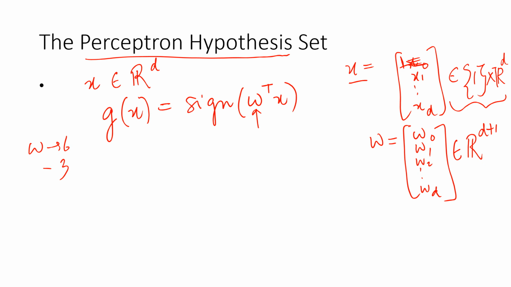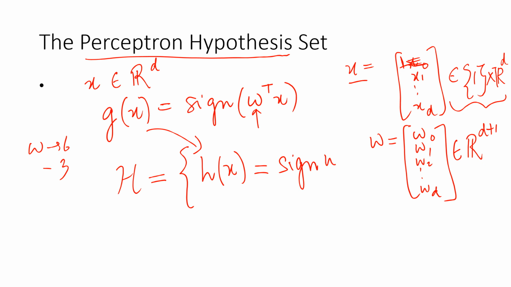So basically what I'm trying to say is that my hypothesis set H is a set of all these values that are represented by this linear model, and notice I'm replacing G with this H of X because this is a more generic form of representing this by sign of W transpose X. This definitely can have uncountably infinite H's.